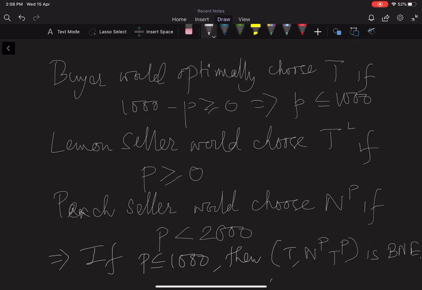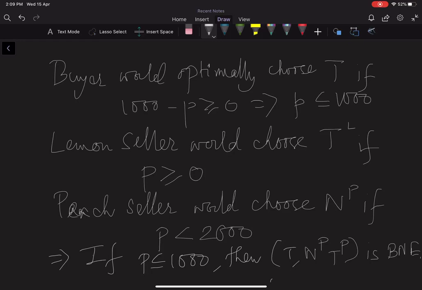So this analysis shows that it is possible in equilibrium that only lemons are going to be traded. This is an inefficient outcome, because we know that even for the peach high quality cars, it is efficient to trade, because the buyer values the high quality car more than the seller values it.